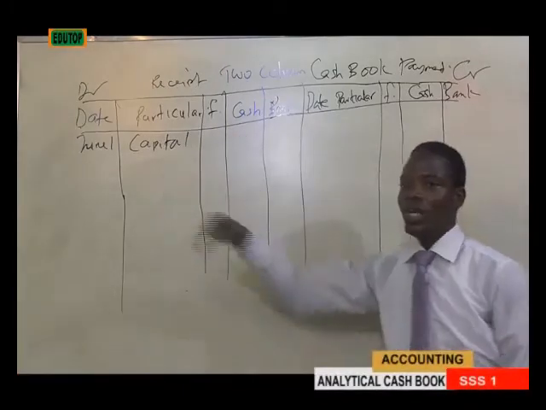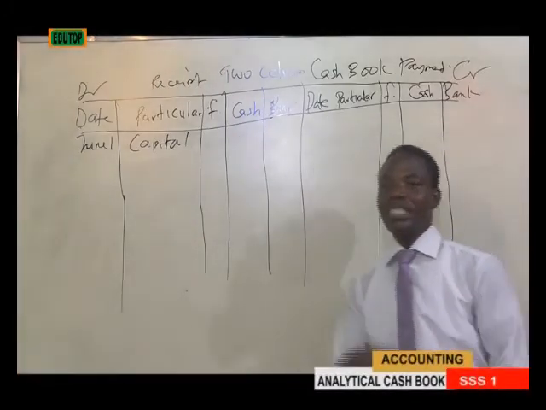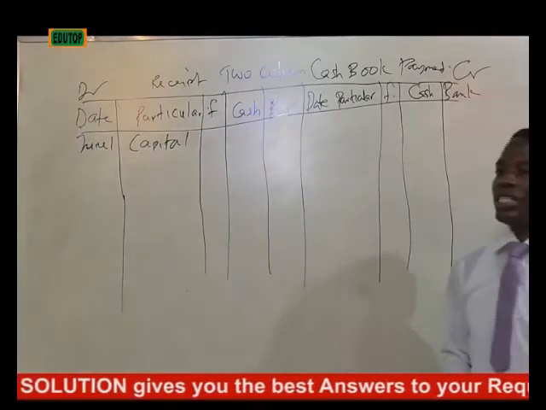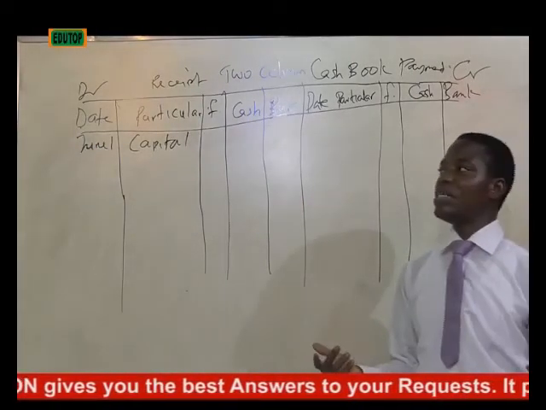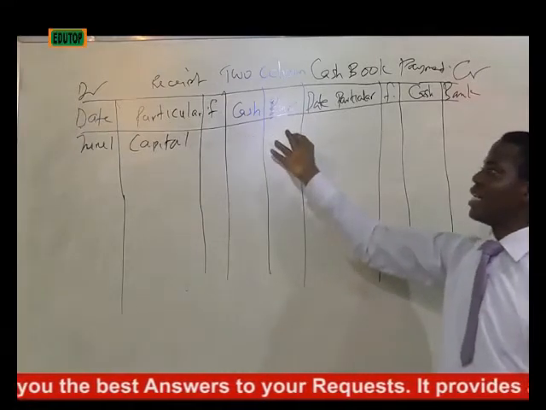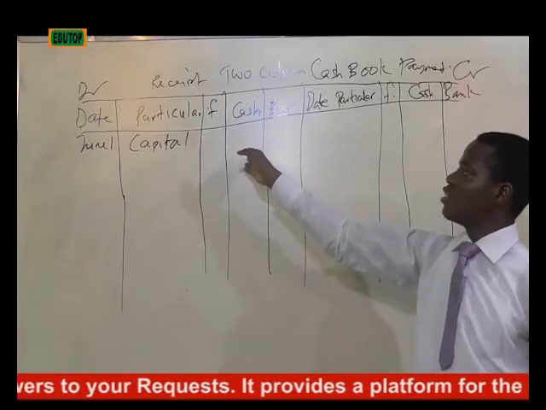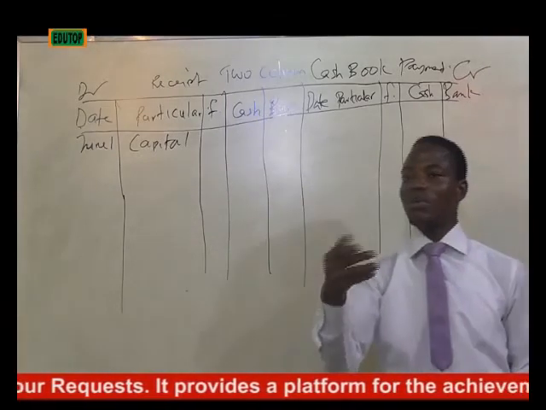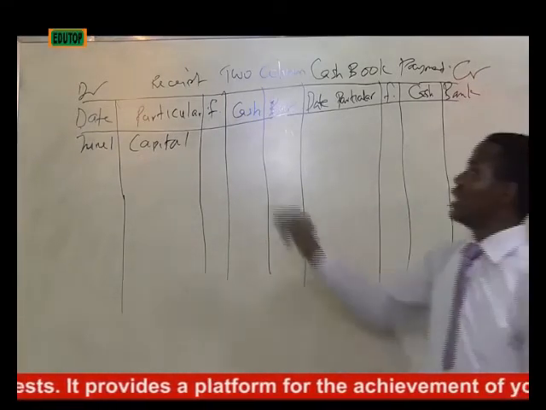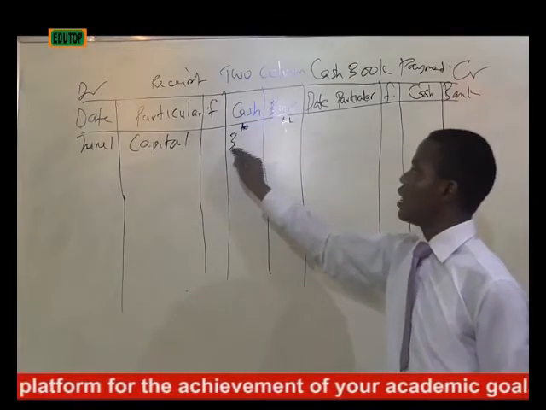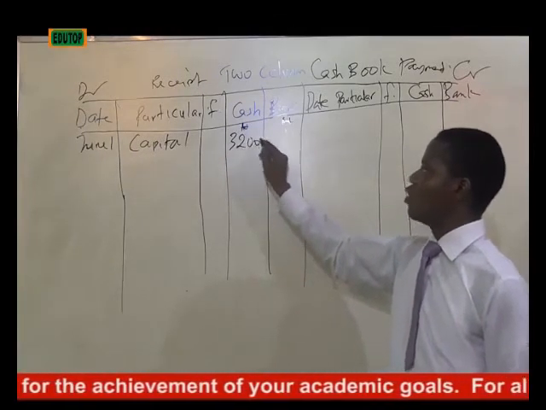So under this, the business received cash of 3,200. And let me remind you, we have a cash and bank. So where are we going to post the item? Since it is written that it is cash, then we'll put it on the cash column of the receipt side of the 2 column cash book, which is 3,200.